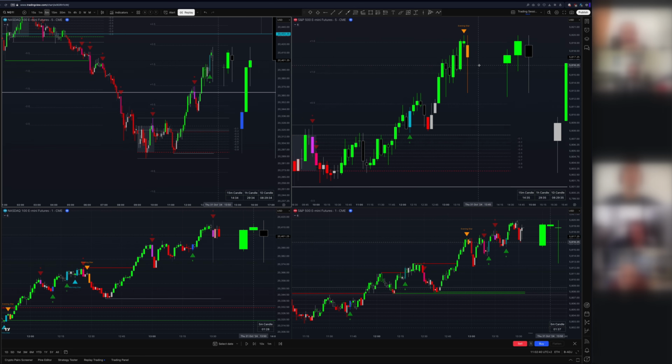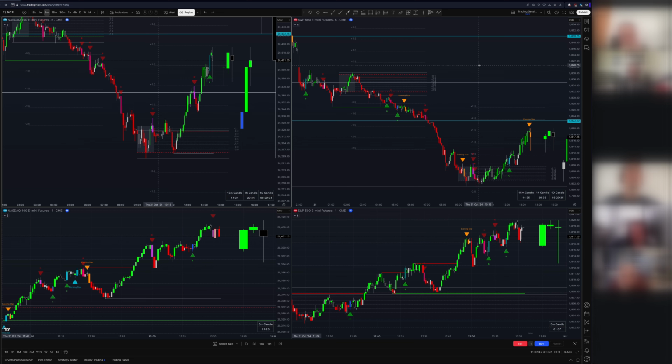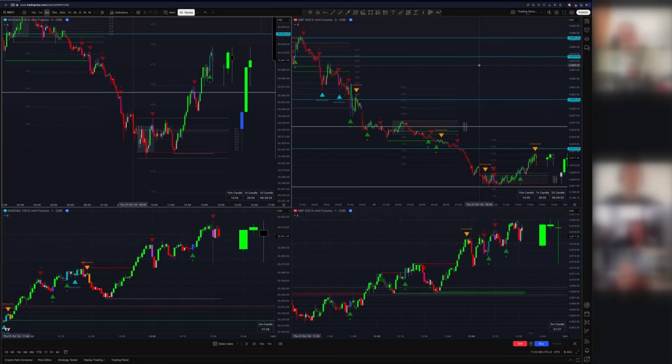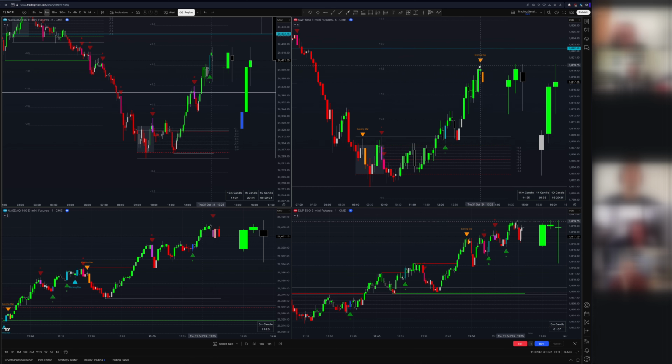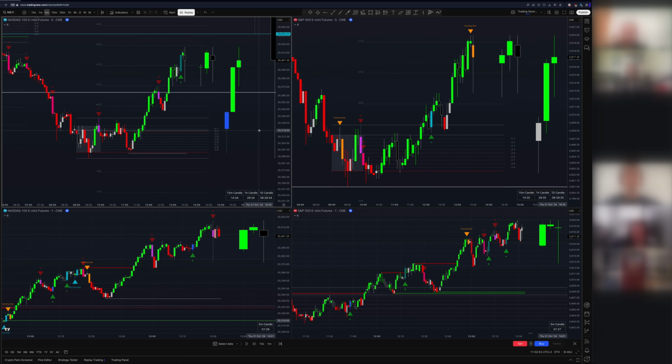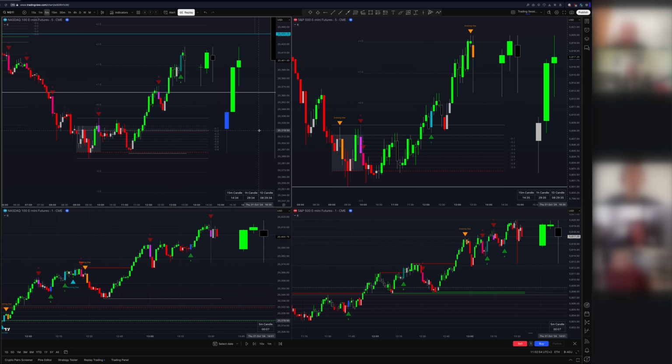So we have an evening star on the ES. Yeah, but it doesn't matter. No, not really. News bar. No, in the middle of nowhere. Yes. And why is that an evening star? Is it like with that huge wick? Shouldn't 70% of the candle be body?